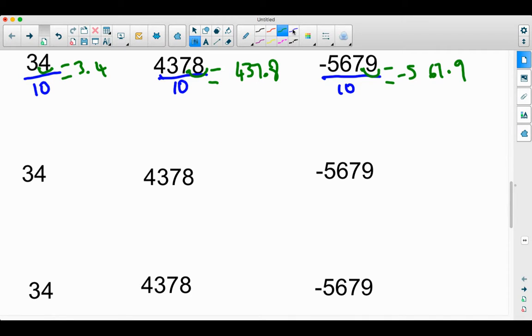Now, let's divide by 100. So 34 divided by 100. We are now going to move the decimal point 2 to the left. So 1 and 2 to the left. So that will give us 0.34.